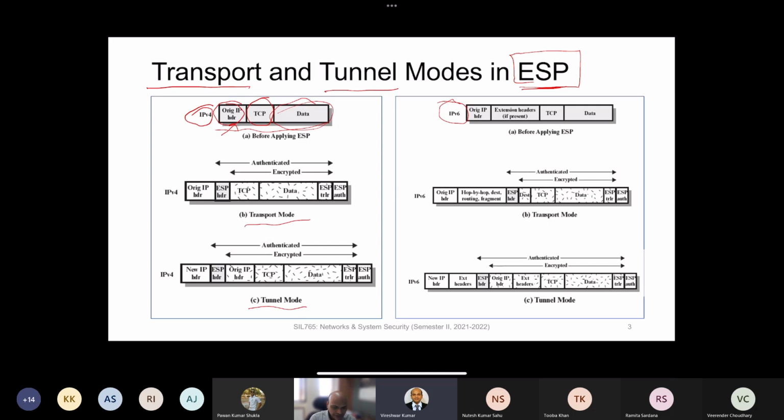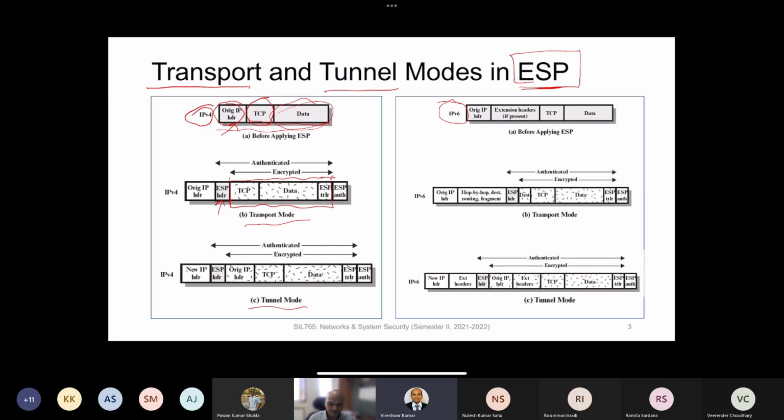Now we have two modes, transport mode and tunnel mode. In the transport mode, you take the TCP header and the data and you encrypt that part. Of course, you probably add some other information corresponding to ESP, for instance padding, all of which comes under the purview of encryption. Once you have the ciphertext, you add one ESP header.